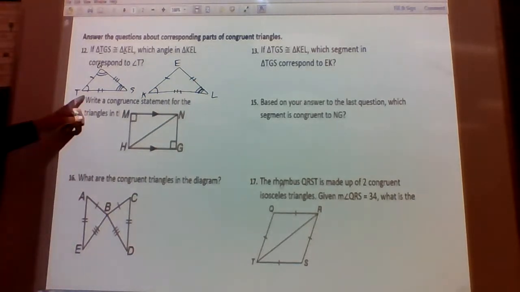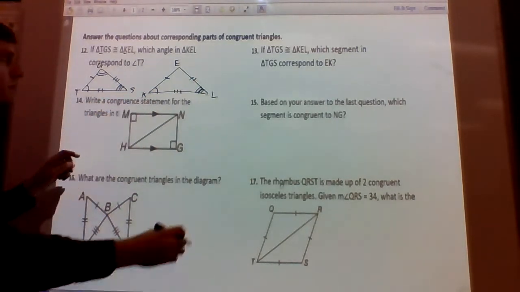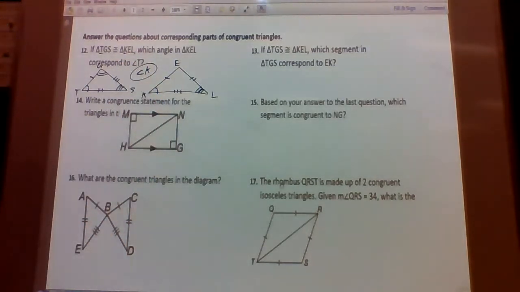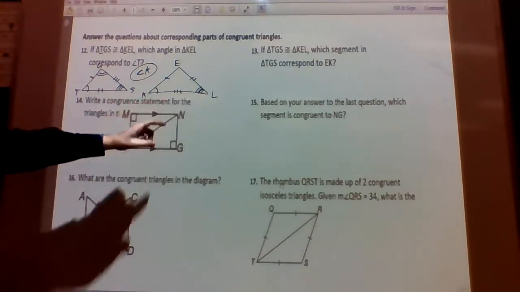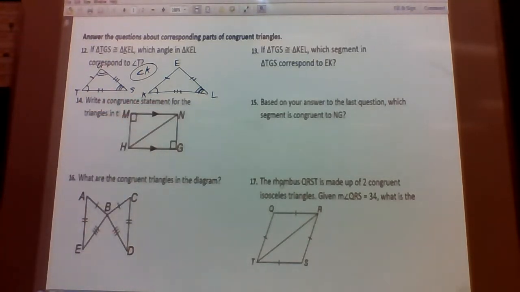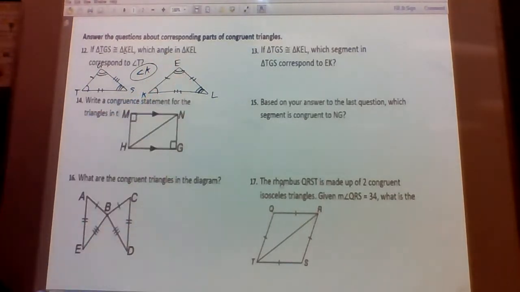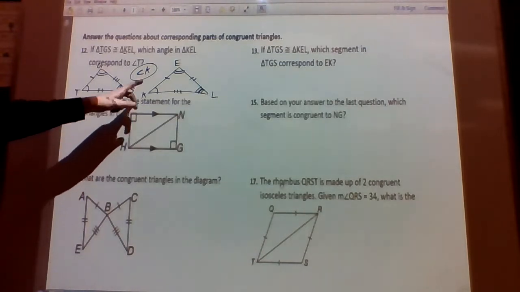Okay, so what's congruent with angle T? It's going to be angle K. We know that from the name. Triangle TGS is congruent to triangle KEL. Which segment in triangle TGS corresponds to EK? Well, here's EK. What's going to correspond with EK?